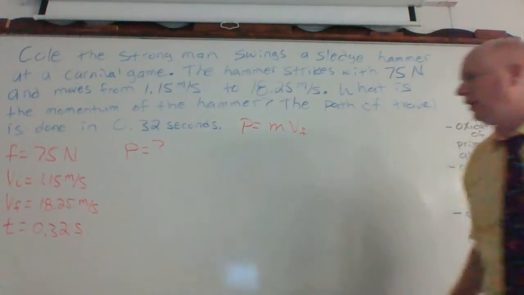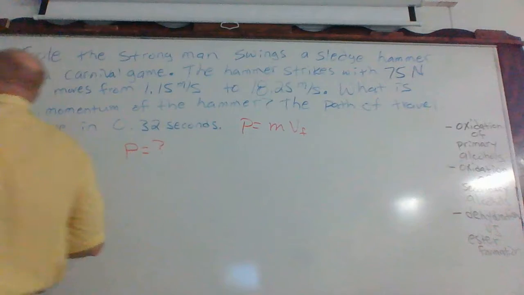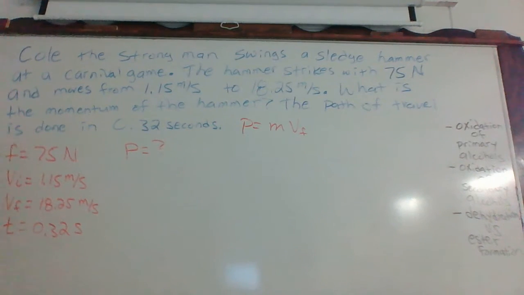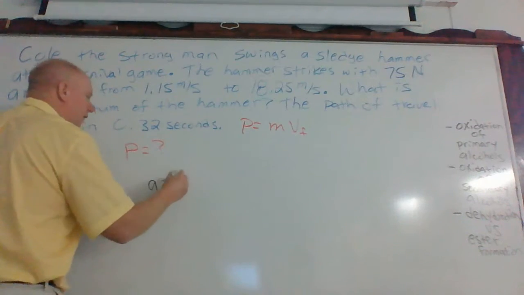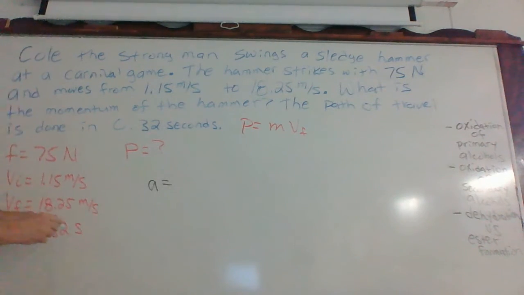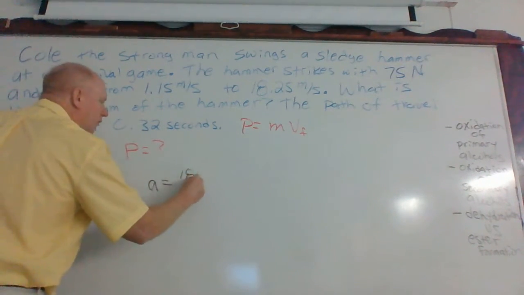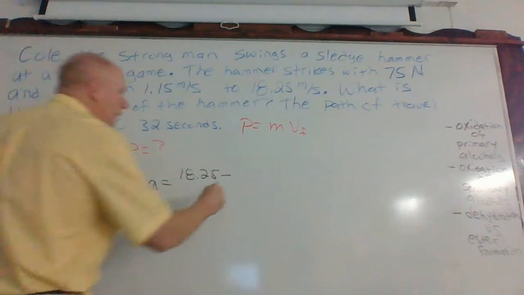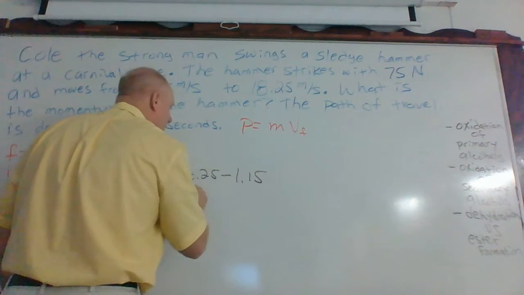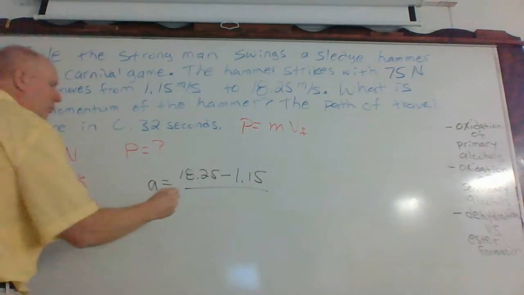So let's go ahead and do that. The formula says the acceleration equals your final velocity, which we wrote down in our setup, 18.25 minus 1.15, all over the time that it took, which was 0.32 seconds.